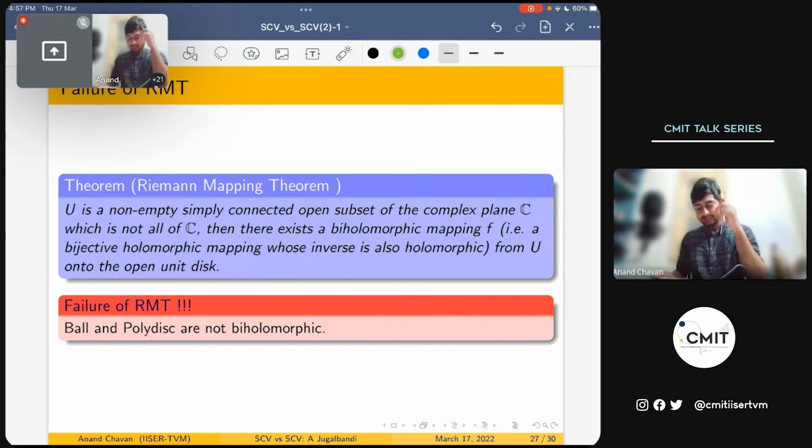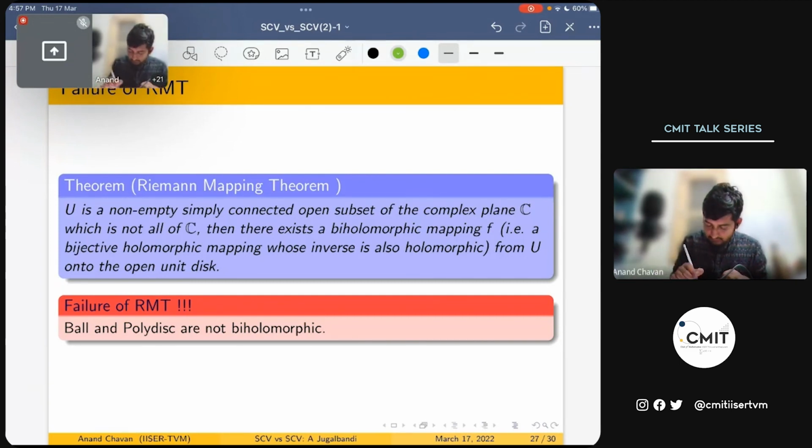Because, as I stated before, the ball and the polydisk are two very interesting objects. The polydisk in a single variable is just a ball, but if you increase the dimension, the ball and the polydisk are two different things. Though they are homeomorphic topologically, they are not biholomorphic. How does this fail the Riemann mapping theorem?